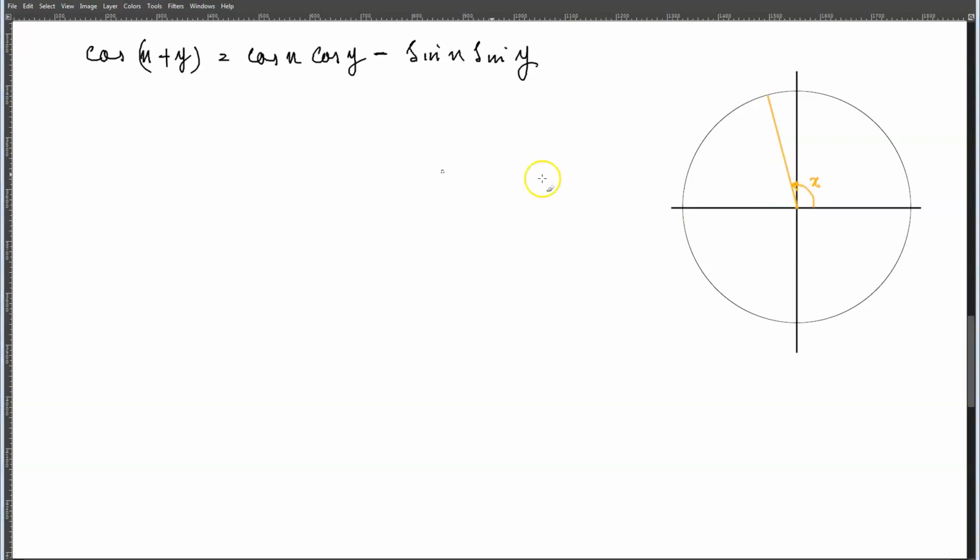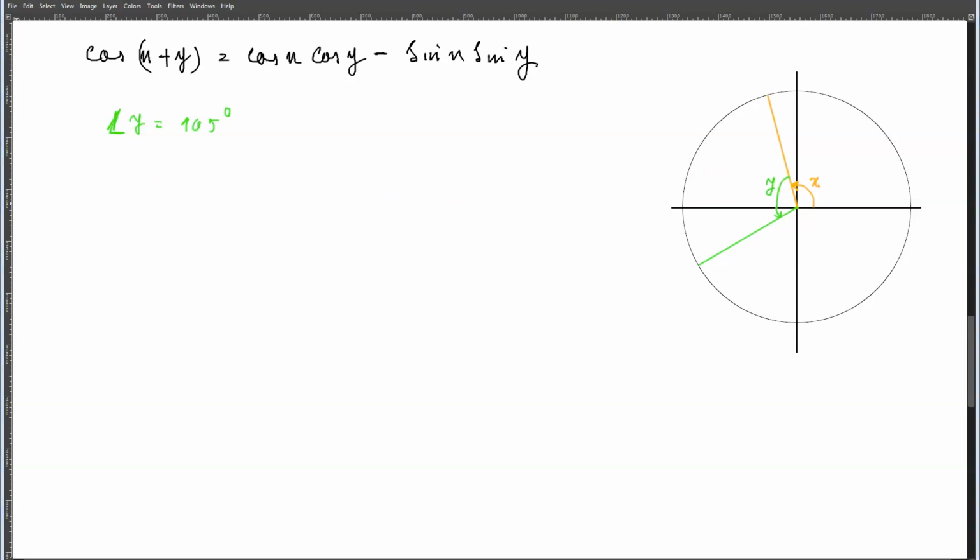So if I go for example 30 degrees here, that means that 75 plus 30 is equal to 105 degrees, that I'm going to call y. So that means that the angle y is equal to 105 degrees.